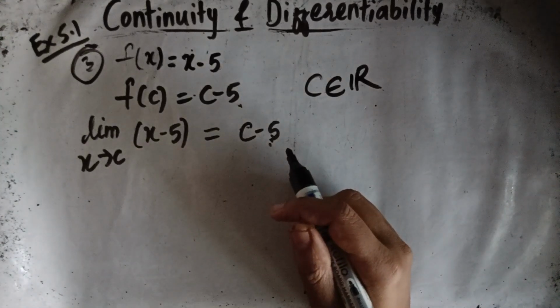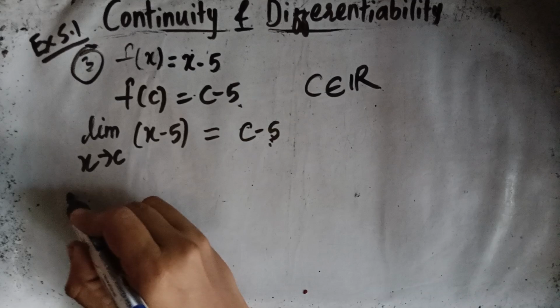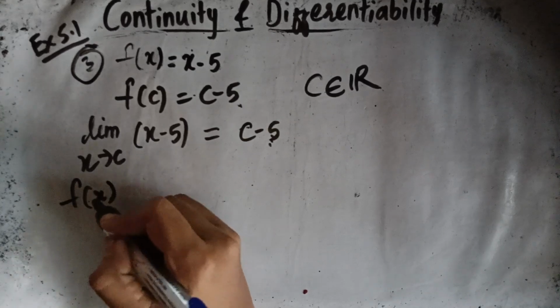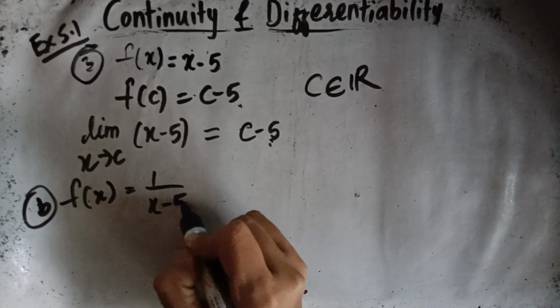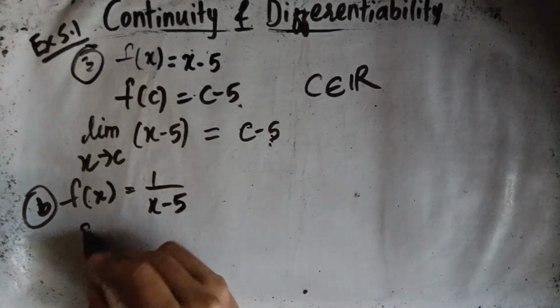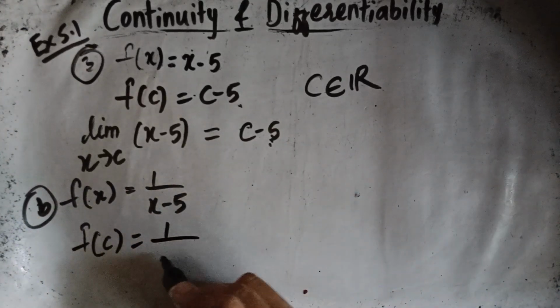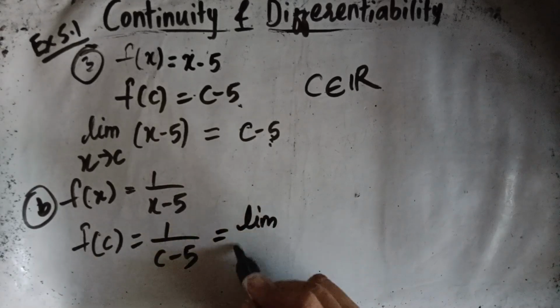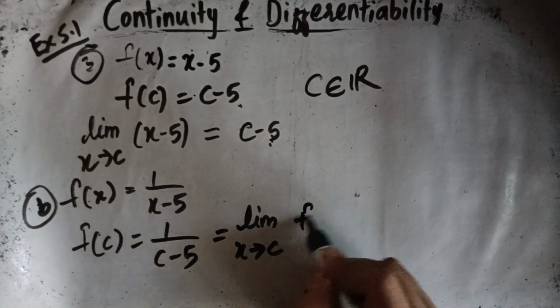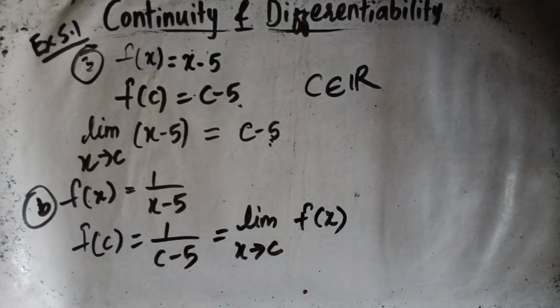Same way you have to solve the second one, f of x equal to 1 upon x minus 5. So f of c is 1 upon c minus 5, which is the same as limit as x tending to c, f of x.